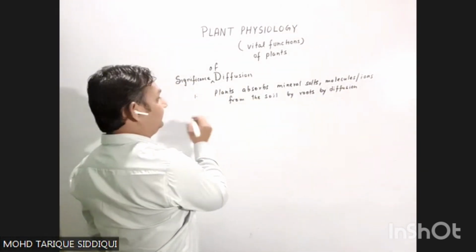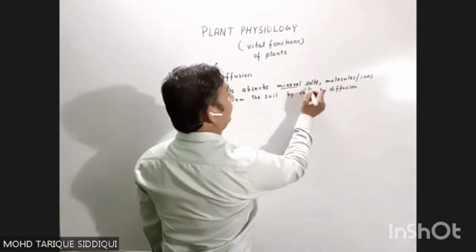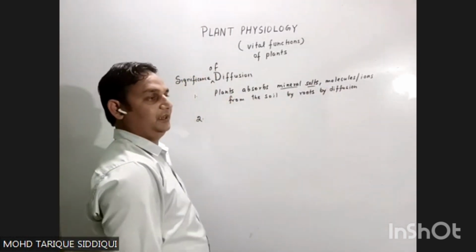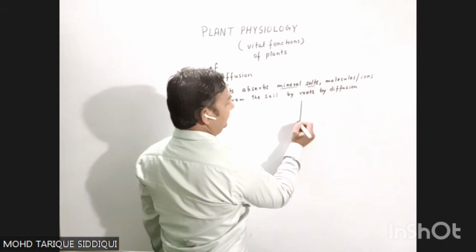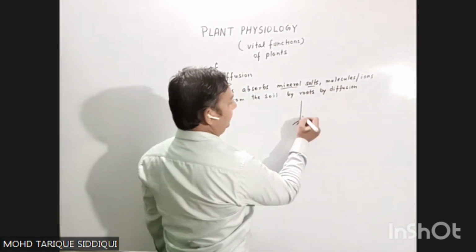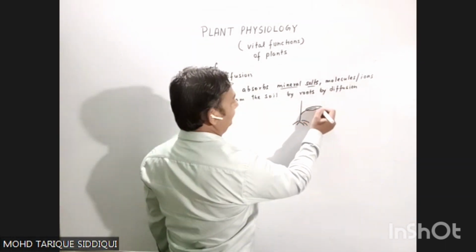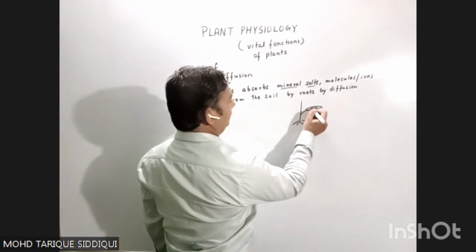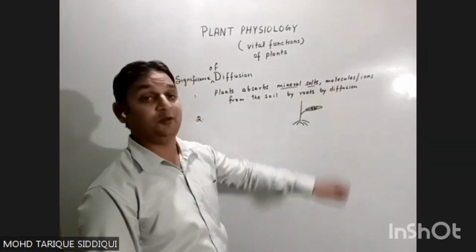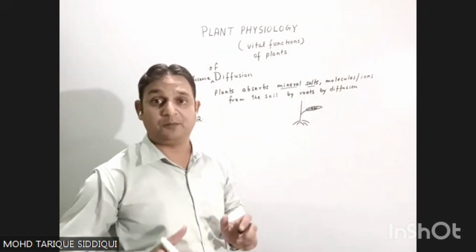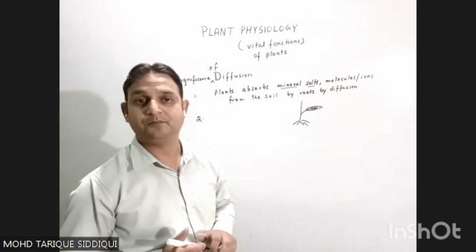Second, once these mineral salts are absorbed, they have to be supplied to the whole of the plant body. Each and every cell needs these minerals, molecules, or ions for their proper growth and development.